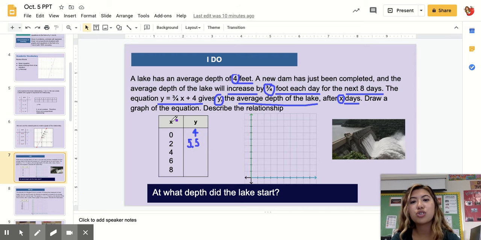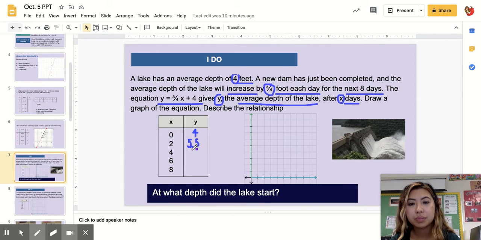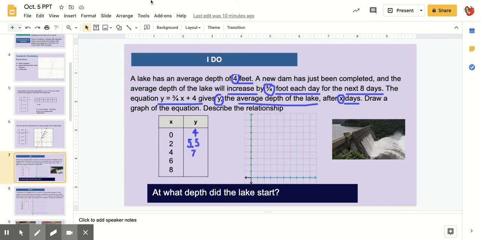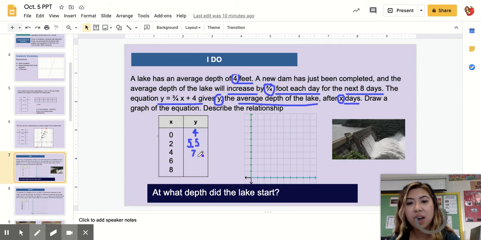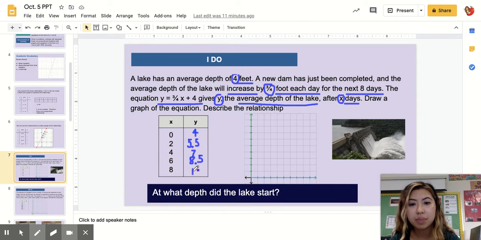Then we have to do 3/4 times 4 plus 4, and that gives us 7. Then 3/4 times 6 plus 4 is 8.5. And then 3/4 times 8 plus 4, and that gives us 10.